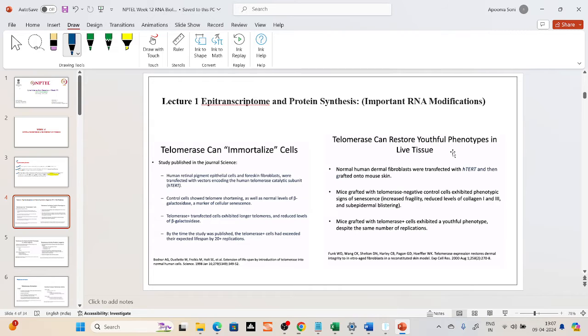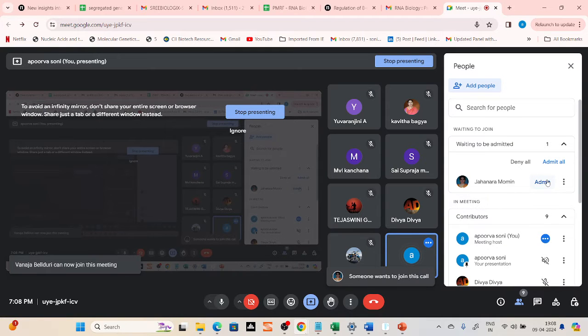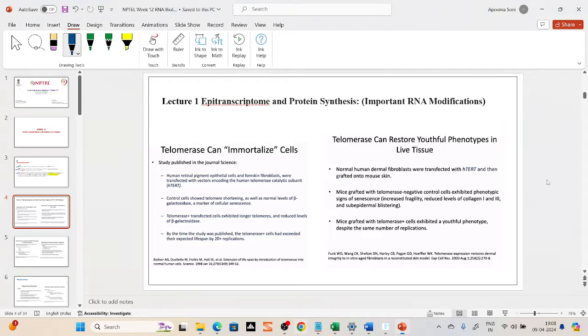This is a study published in the journal Science, which says that human retinal pigment epithelial cells and foreskin fibroblasts were transfected with a vector encoding the human telomerase catalytic subunit. Control cells show telomere shortening as well as a normal level of beta galactosidase as a marker of cellular senescence.